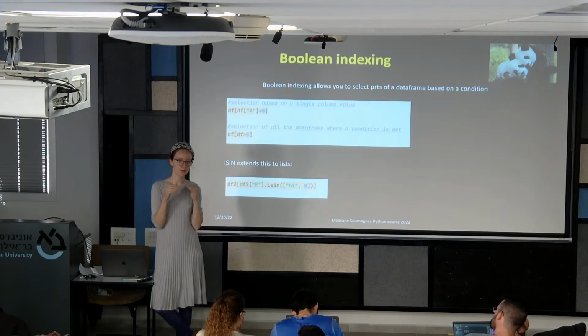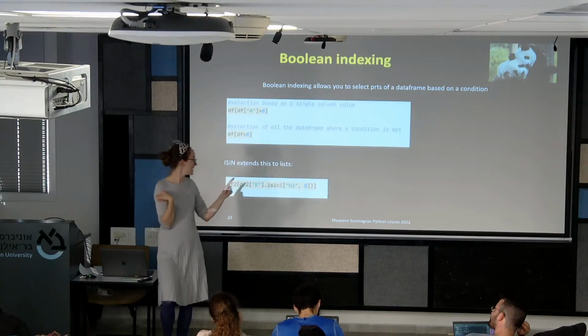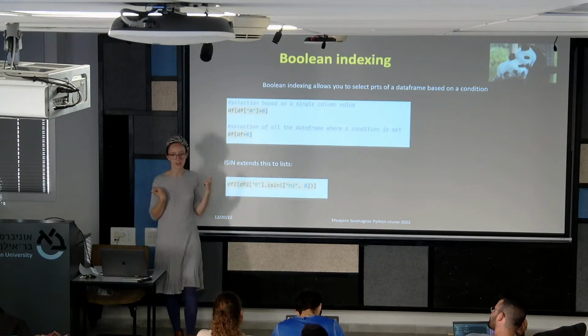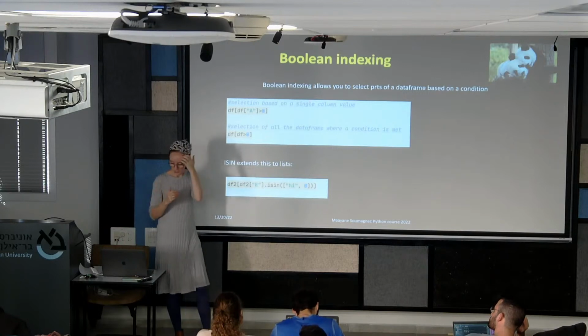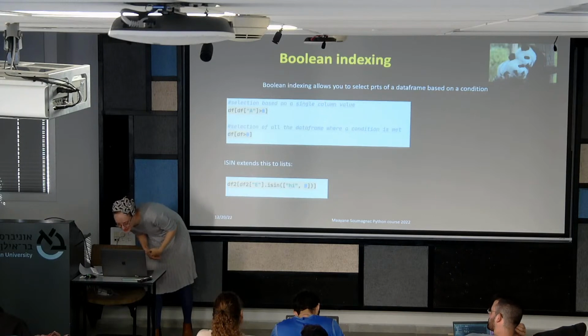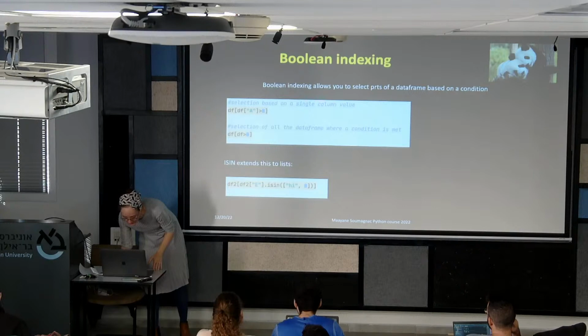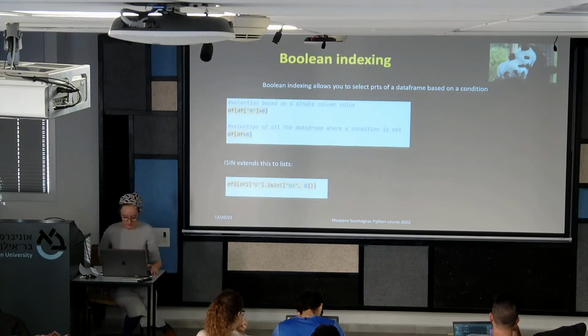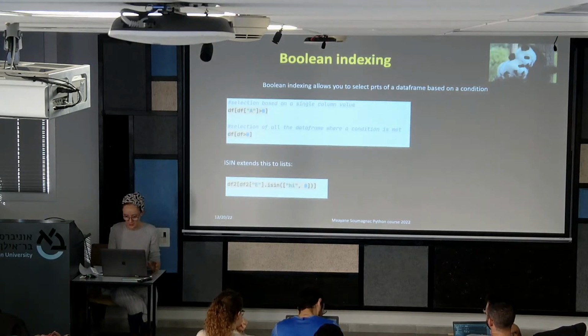I'm not sure there is a similar one in NumPy because I haven't used NumPy for this for a long time. But the isin command allows you to select your data in a list of values. We'll see an example of this in a second too. Let's look at an example now, and then we'll do a very short 5-minute break.